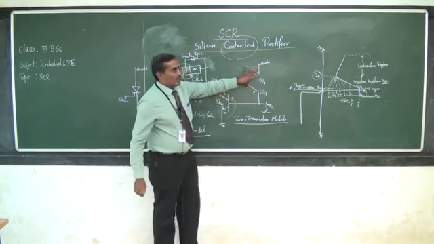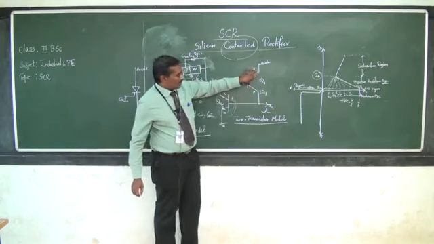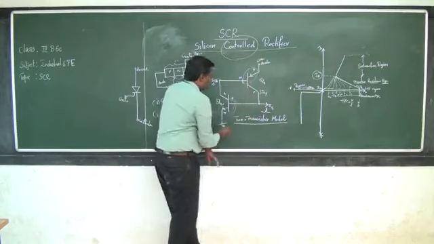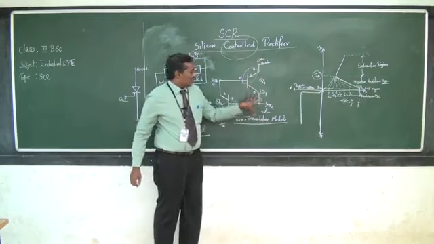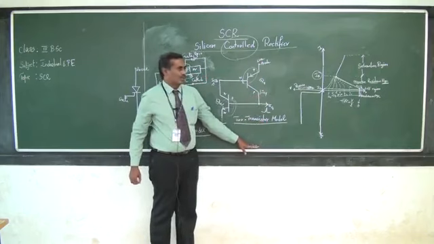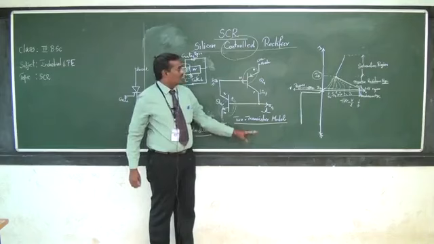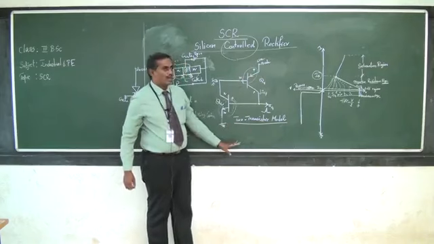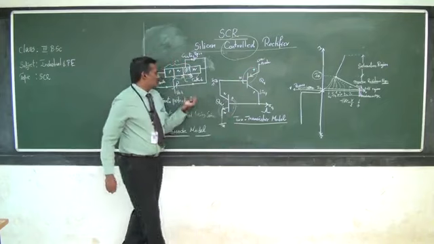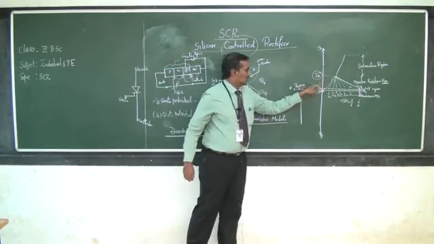Therefore, if you give only one gate triggering pulse, positive, to this SCR, it will enter the on state and never come to the off state until the anode cathode voltage becomes 0. Otherwise, we have to reduce the holding current below this level.